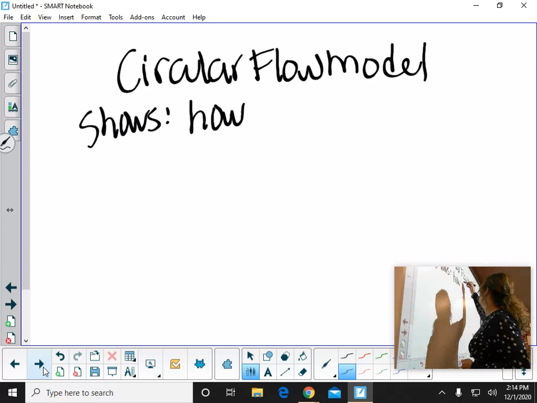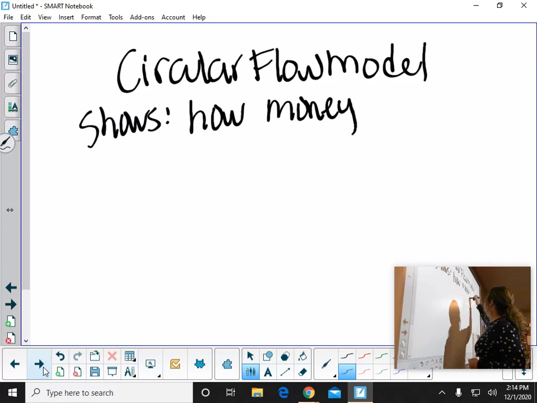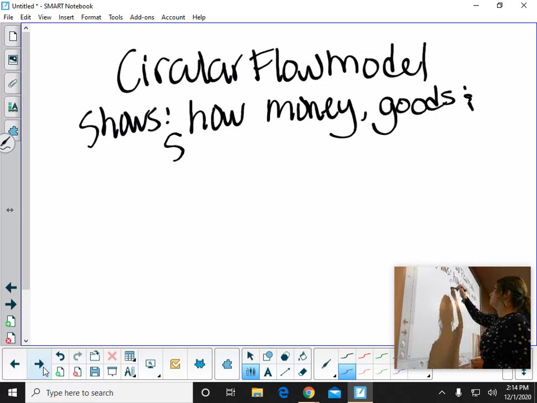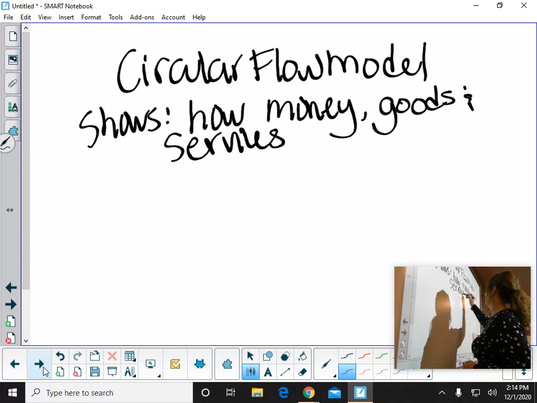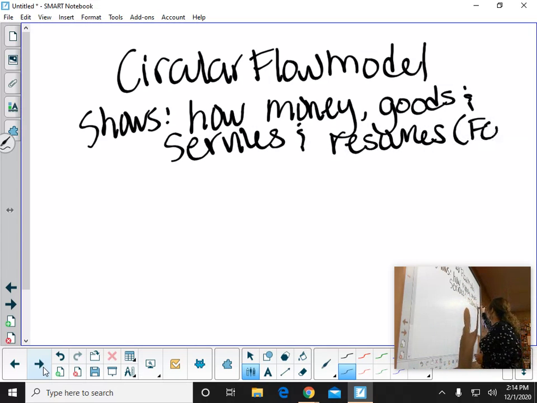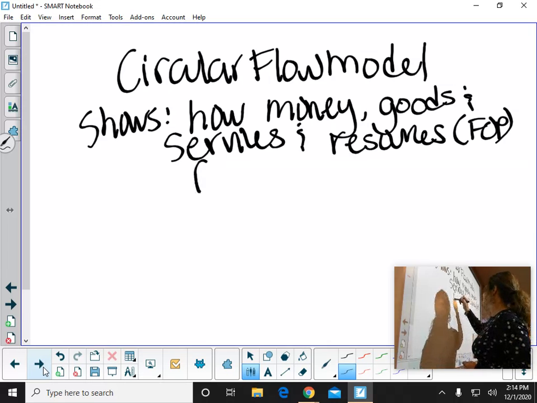It shows how money, goods and services, and resources, FOPs, flow through the economy.